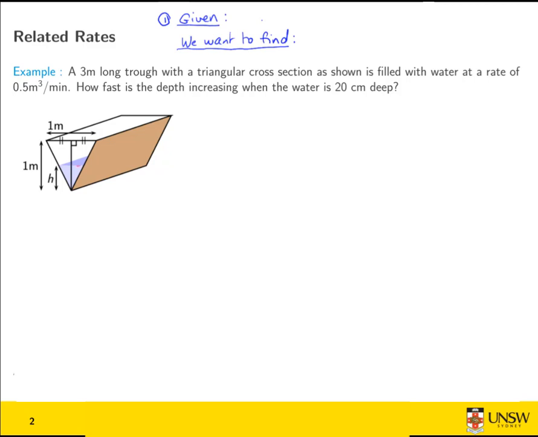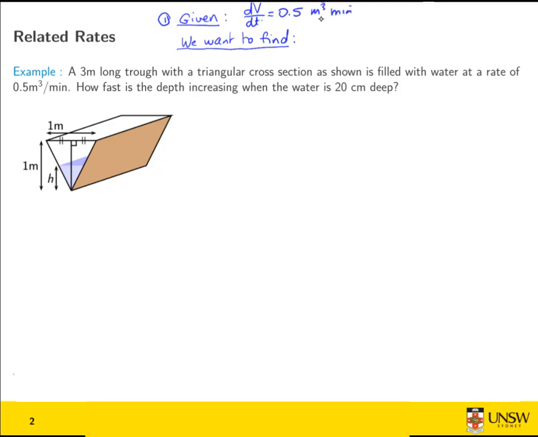So this tells you how the volume of water inside the trough is changing. So what you are getting there is the rate of change of the volume with respect to time, and that's 0.5 cubic meter per minute.